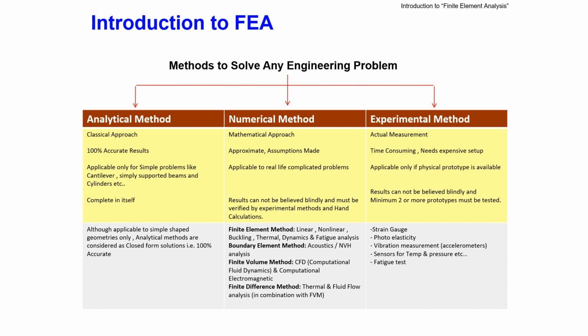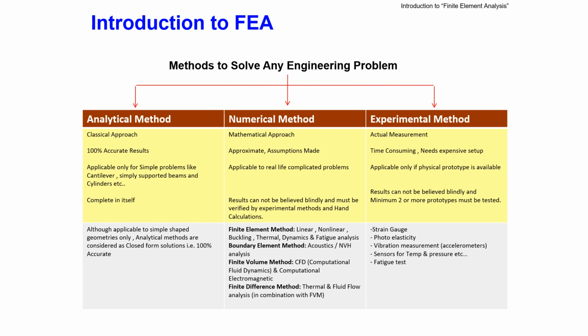Then the second method is the experimental method. When we test a specimen to find out the stresses and strains acting on it to calculate the Young's modulus, that is an experimental method. We do a lot of experimental methods in our labs. It is also an accurate method, but what is the drawback of it? It's a time consuming method and also it is expensive.